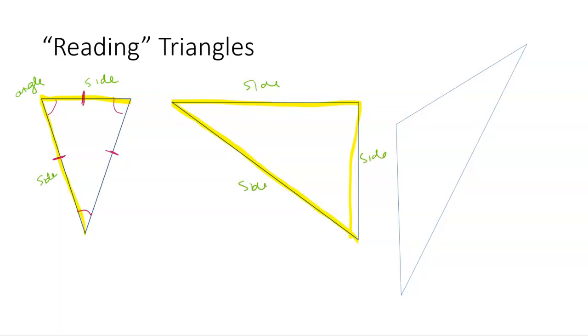If we were talking about angle, side, angle, it would be an angle on either side of the side. So it's not just any place. The words that you read tell you how to read it around the triangle.